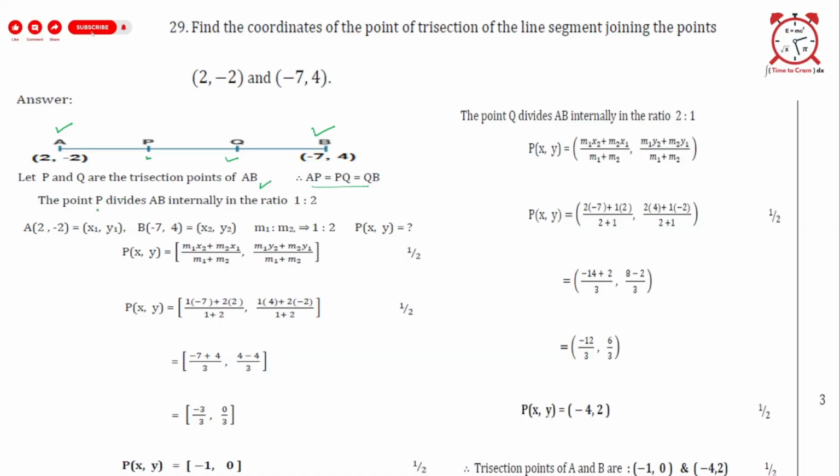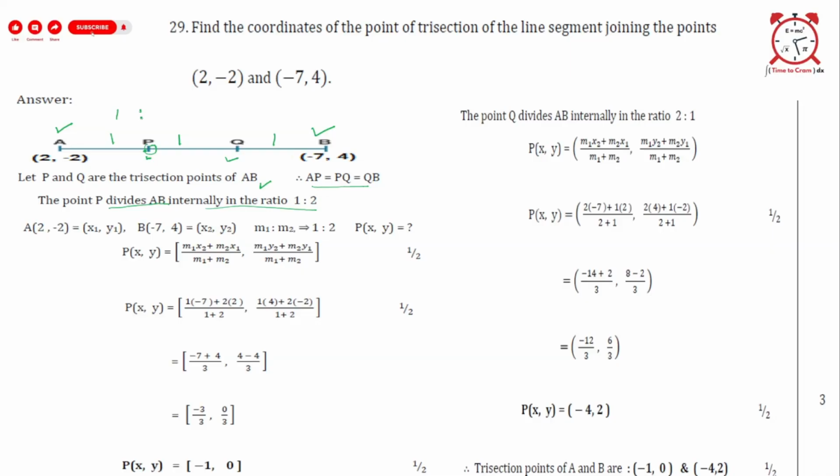So what is the meaning of this? P divides AB internally in the ratio 1:2. So here you can see that there are 3 equal parts, 1 1 1. So for point P the ratio is 1:2.